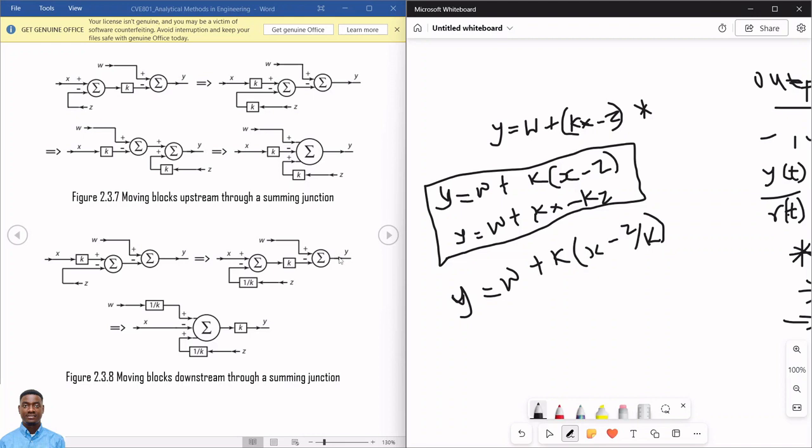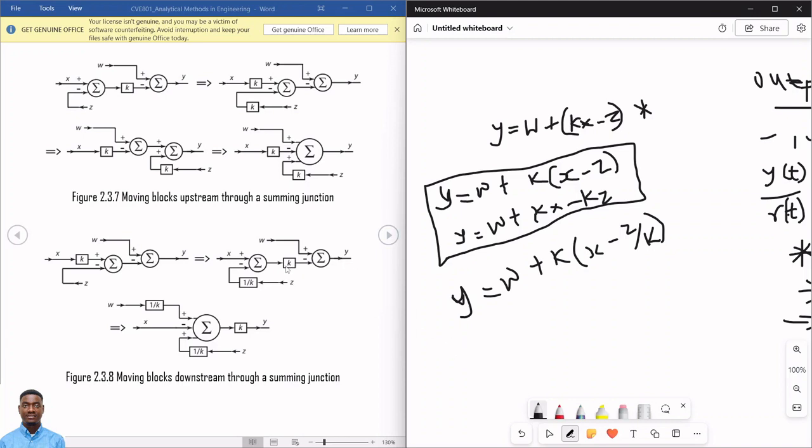So this k here also, I can still move it upstream. I can move it upstream here. So I know the model now that brought this about, which is this, right? So if I move this k also upstream here, what's going to happen? I'll be having all of this run into the k that is here before the y.